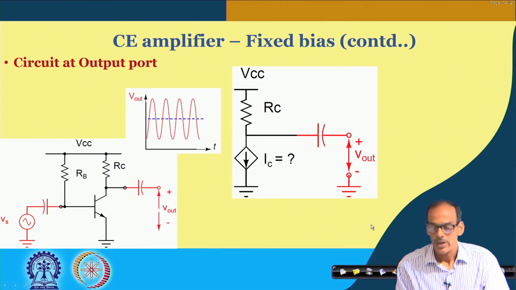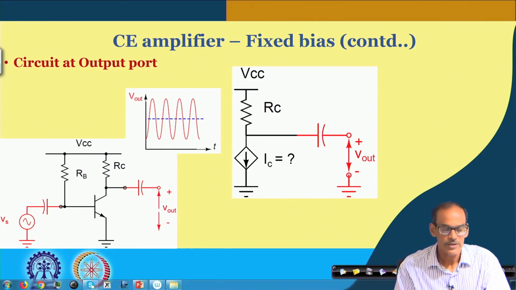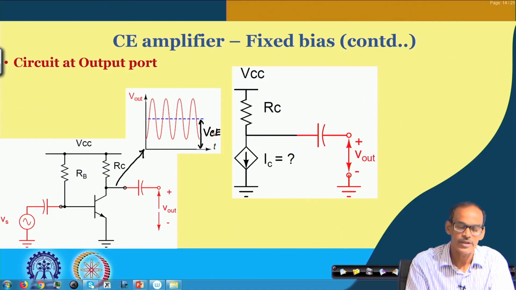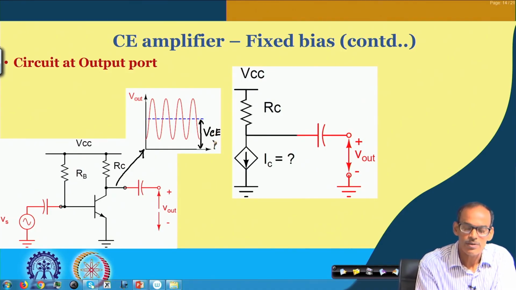So at the output port, the voltage here will be like this. It is shown here. It has a DC voltage called, say, V capital CE, or you may call this V capital out. So this level we can say is V capital out.